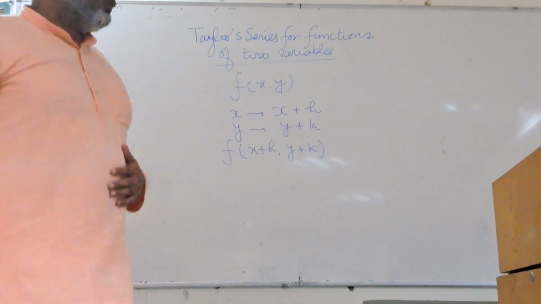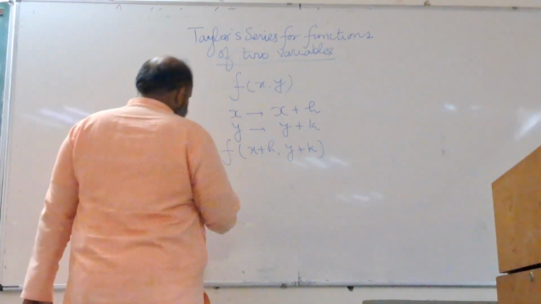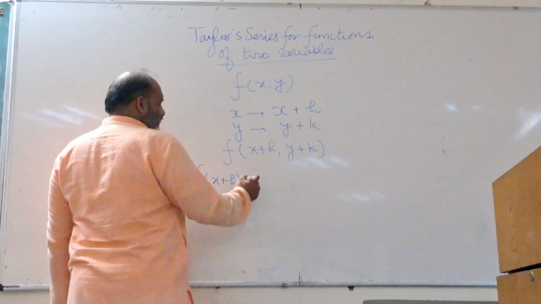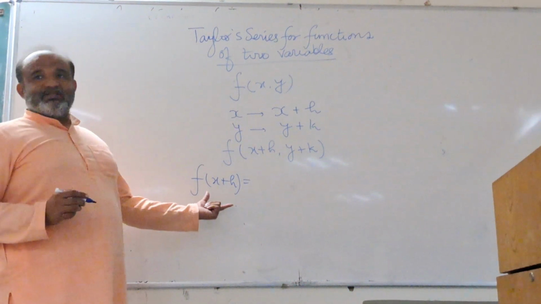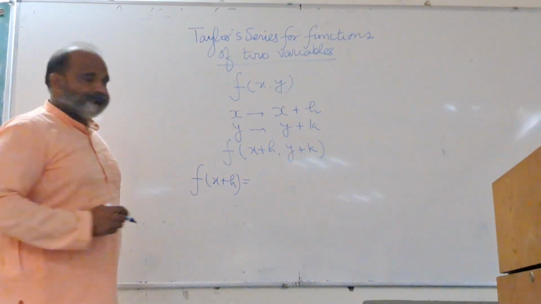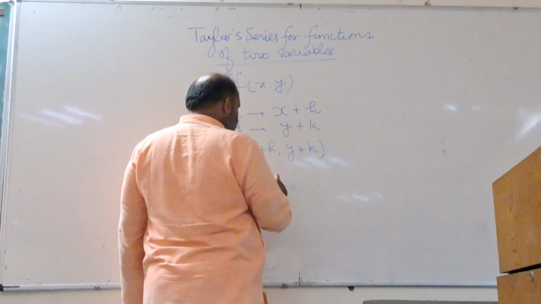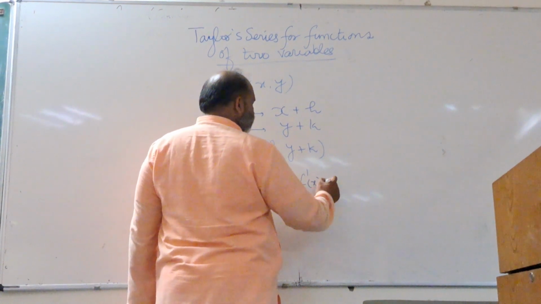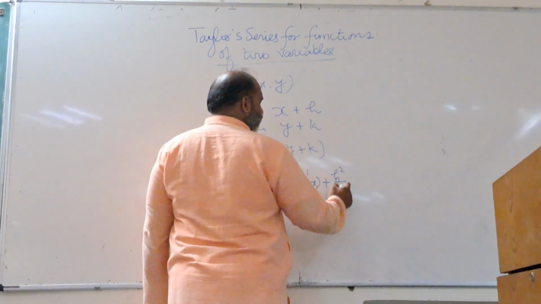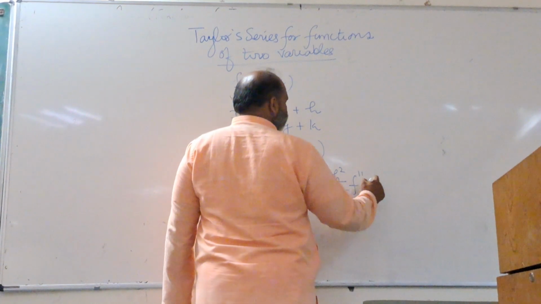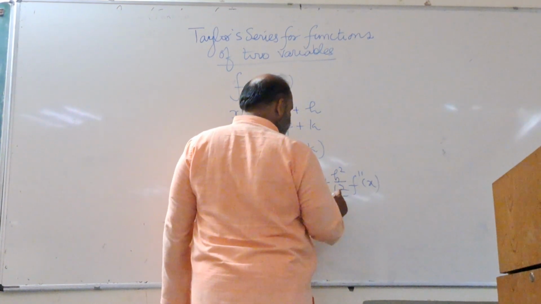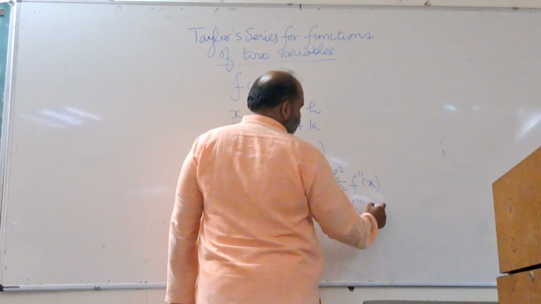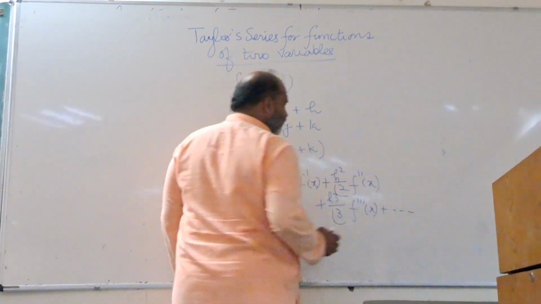Okay. So just for a recall, if f was a function of one variable, then you know f(x+h) is equal to f(x) plus h f'(x) plus h square upon factorial 2 f''(x) plus h cube upon factorial 3 f'''(x) and so on up to infinity.